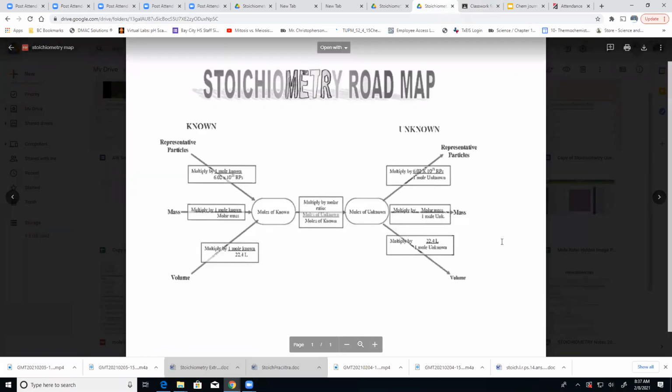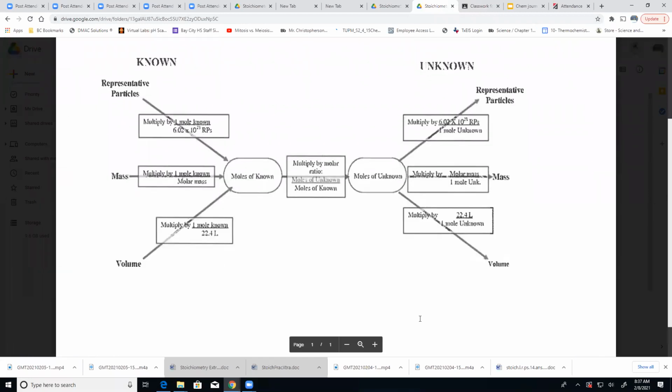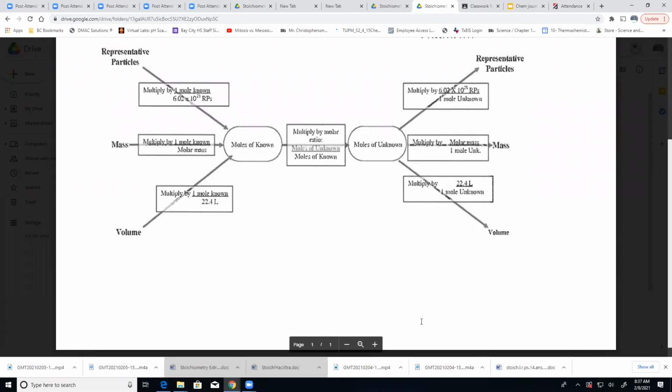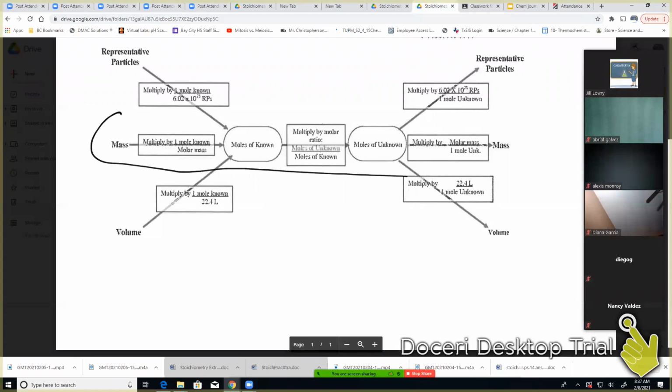So for my virtual students, this is under notes. It's called a Stoichiometry Roadmap, and it's going to help us use our either mole ratio or our molar mass to solve these problems. We are only using this middle portion.